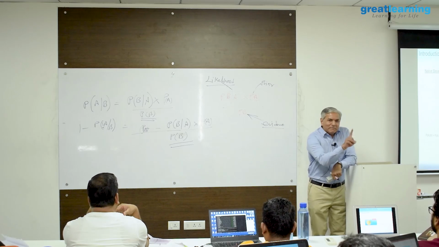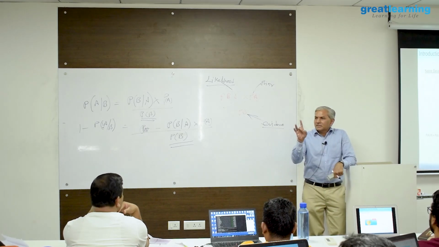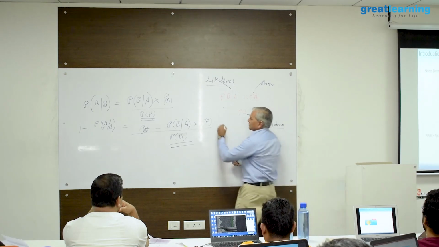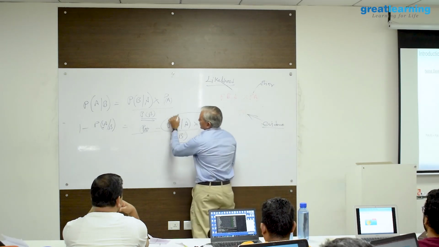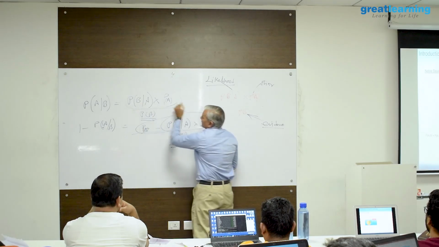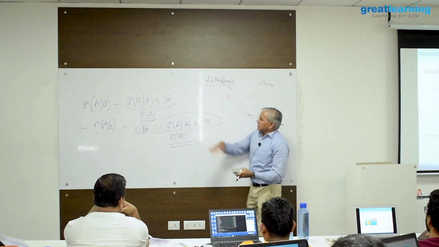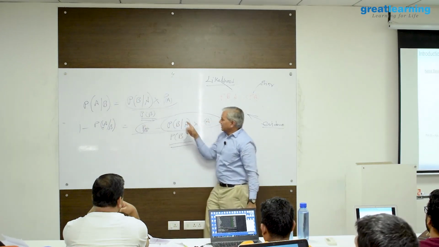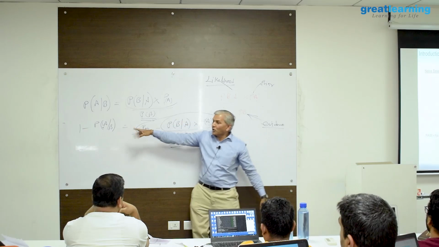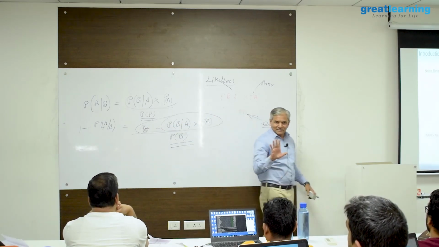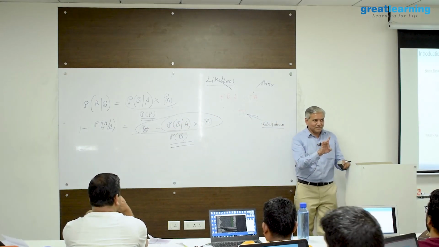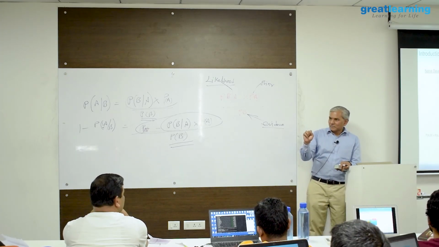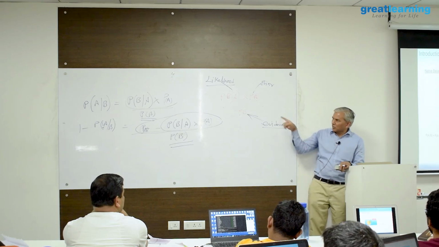So it is not P(B) which is going to decide whether this is going to be class A or class B. What is going to decide it is the numerator. If this crosses 0.5, he's going to belong to class A. If this crosses 0.5, he's going to belong to not class A. Get my point? So what decides your class is the numerator, not the denominator. Denominator is the same in both.